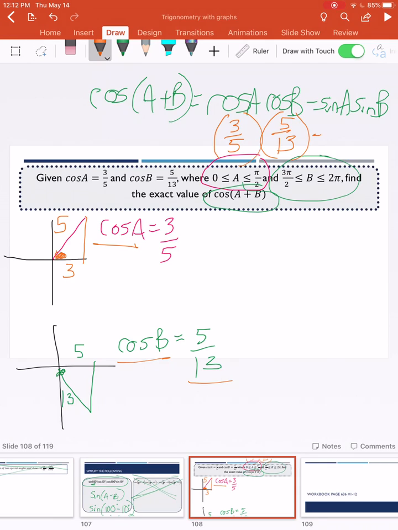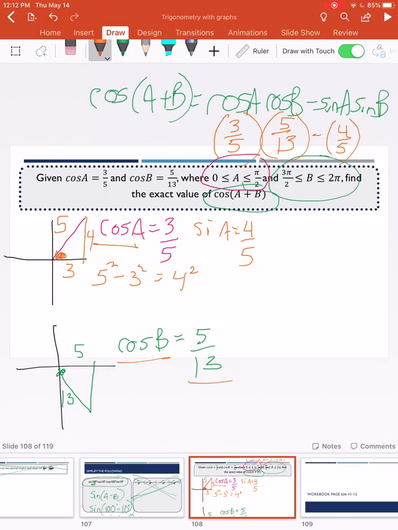I'll have to use Pythagorean theorem. 5 squared minus 3 squared is going to give me 16. So I know my y value here would be 4. Then sine A equals 4, opposite over hypotenuse, so it's going to equal 4 over 5. Now I can replace that sine A with 4 over 5.